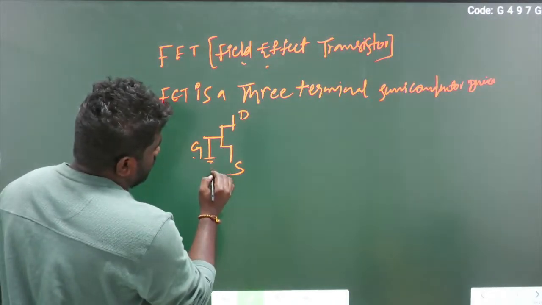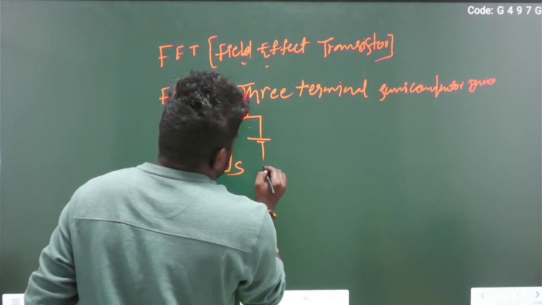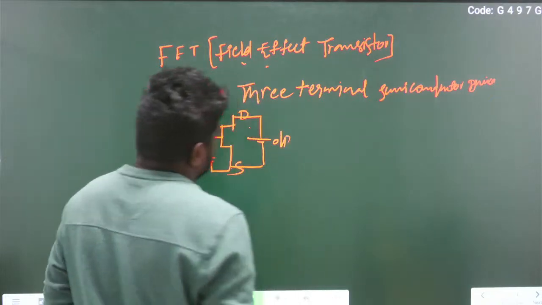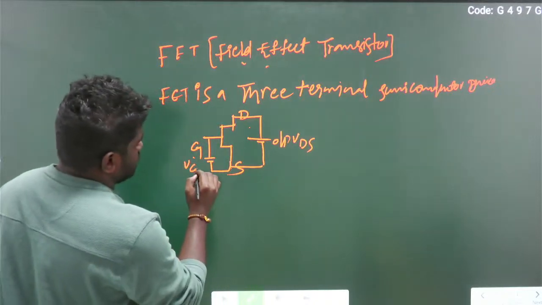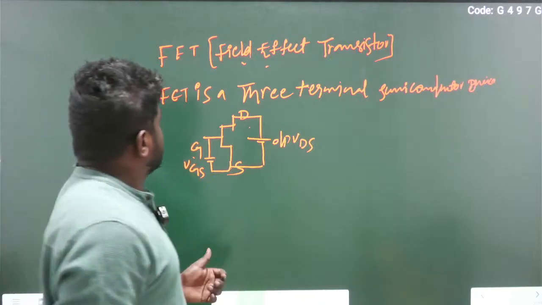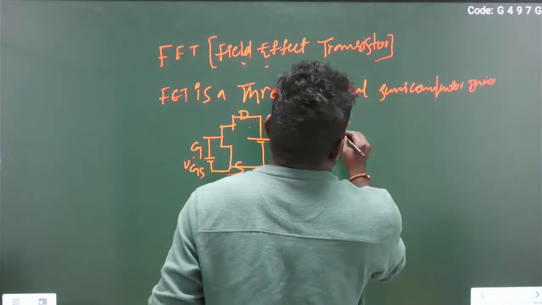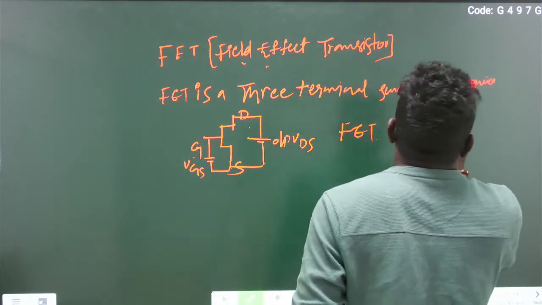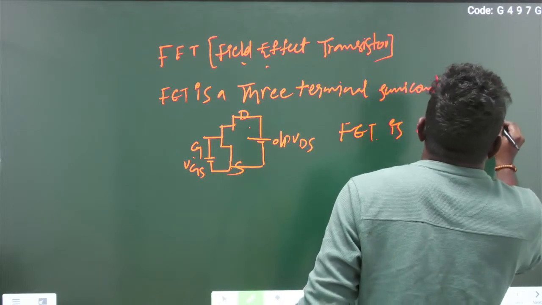Gate and source are called input terminals and drain and source are called output terminals. This is called VDS and this is VGS. Okay. So basically FET is working in depletion mode.